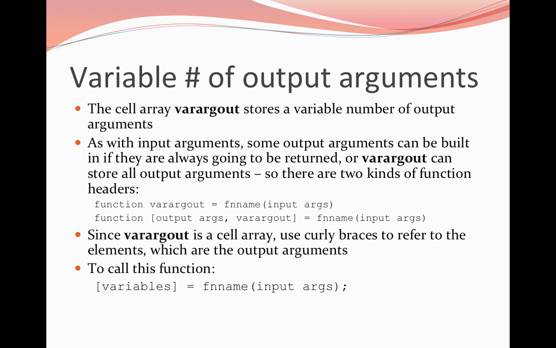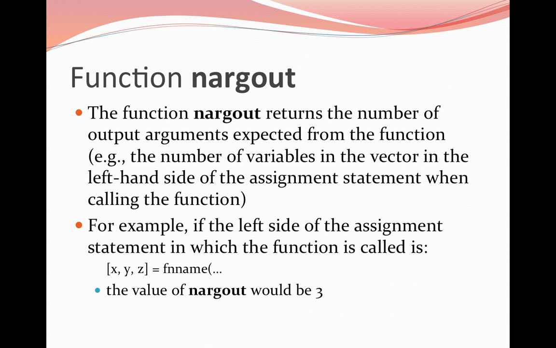Now to call this function, we would give the name of the function, pass the input arguments, and then the number of variables that we have on the left, that's how many output arguments we're expecting. The function n_argout returns the number of output arguments expected from the function, which is the number of variables in the vector on the left-hand side of the assignment statement when you call the function to begin with.